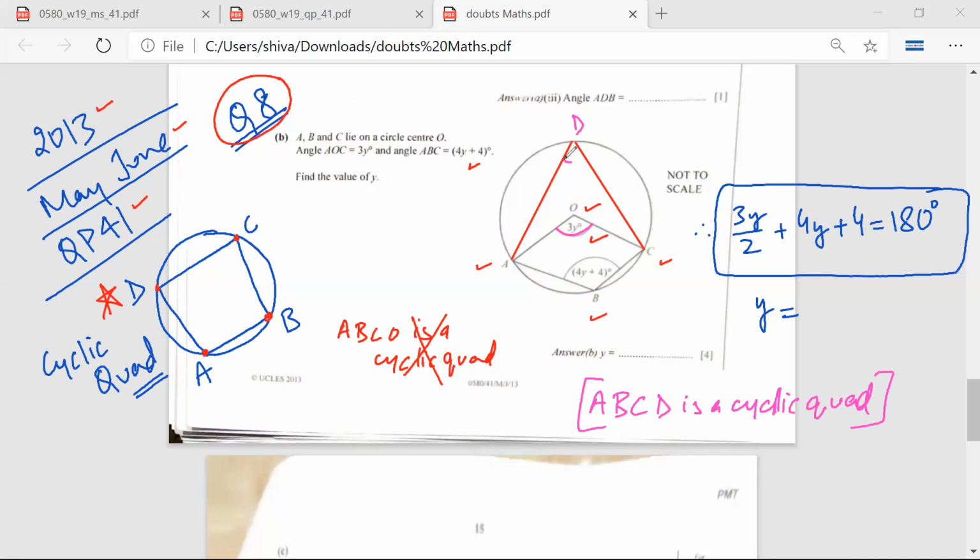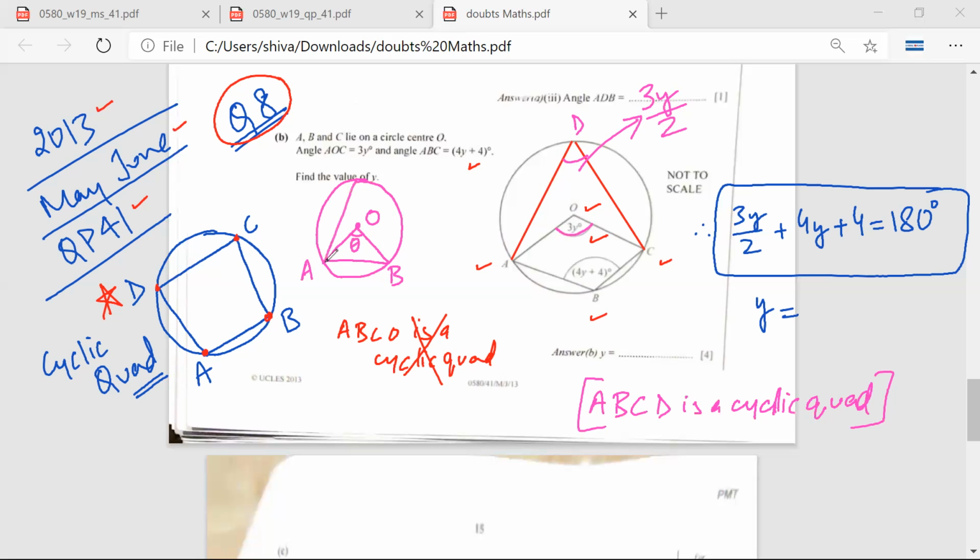Now this is 3y. So Mr. Rudra, this would be 3y by 2. Shabash. Why? Because I have this property of circles whereby if this is the center and this is a chord, this chord is subtending an angle theta at the center.